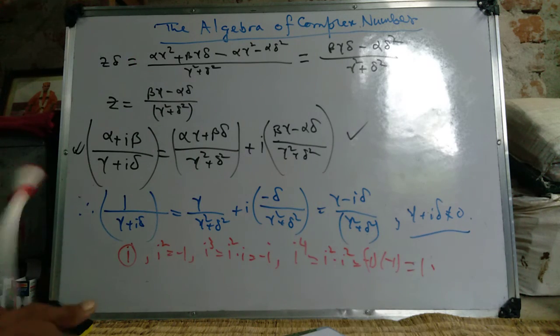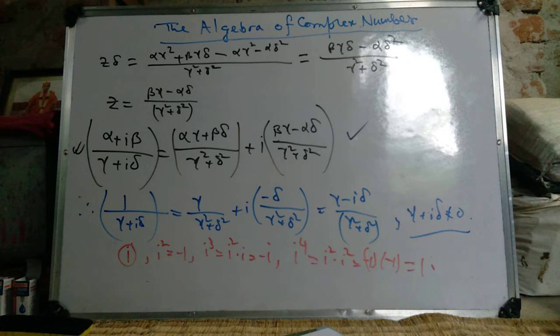So we have I, I square, I cube, I to the power 4, these four numbers. How we obtain them, we write it obviously, but we will discuss it further. This one is crucial and important.